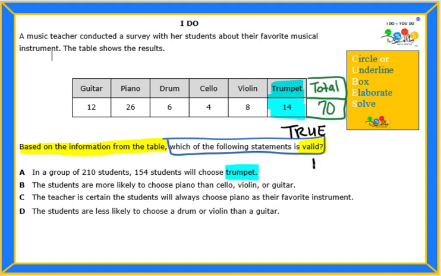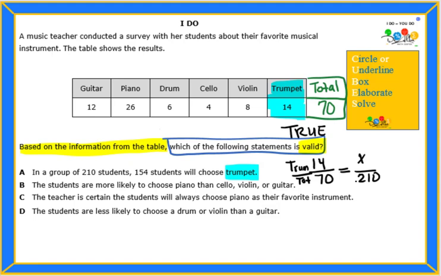So we have 14 out of 70 chose trumpet. Okay, so that's going to be your trumpet over the total. And is that equal to 154? So I'm going to wonder, is it 154 out of 210?